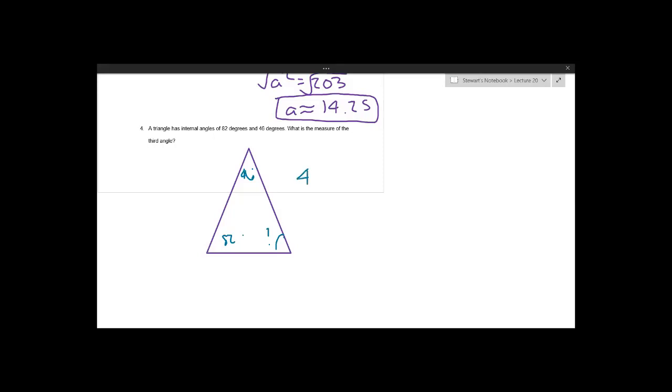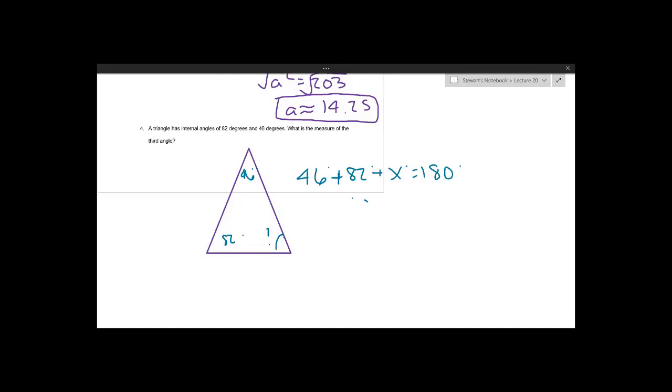So if we take 46 plus 82, excuse me, and we call this unknown angle X, we know that has to equal 180 degrees. So 46 plus 80, oops, excuse me.